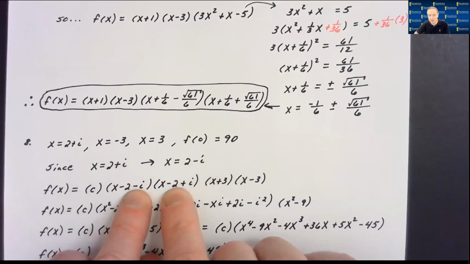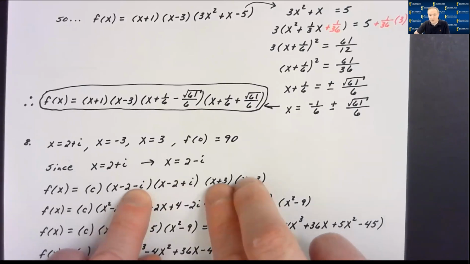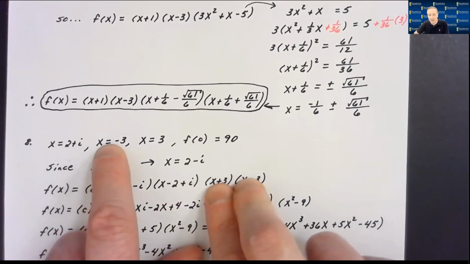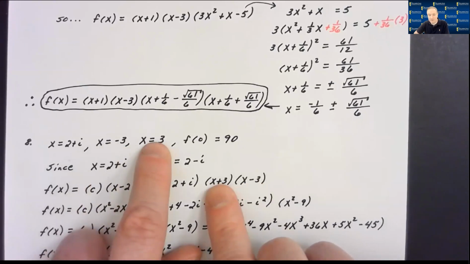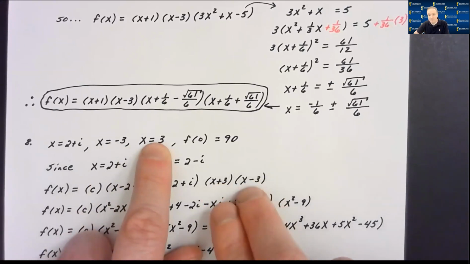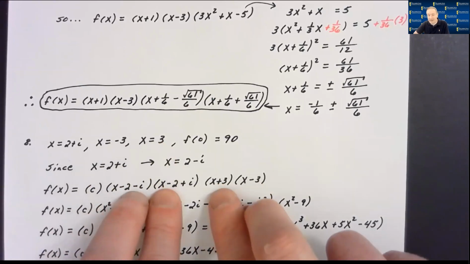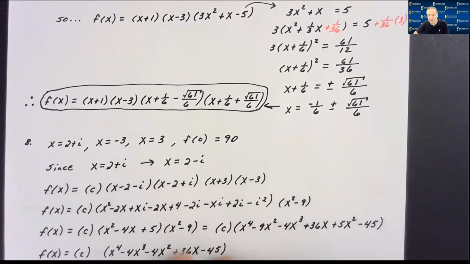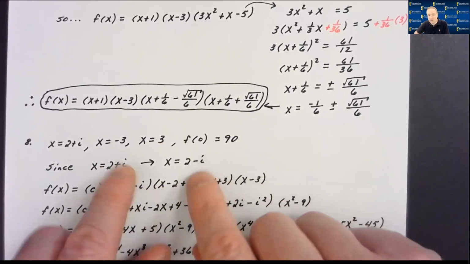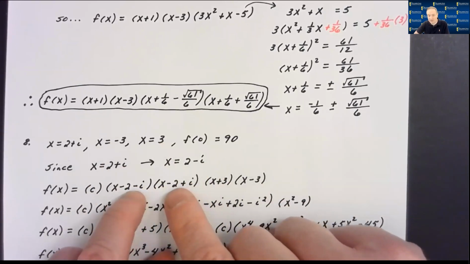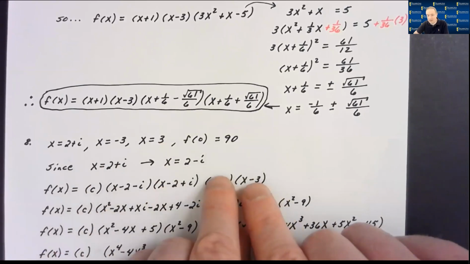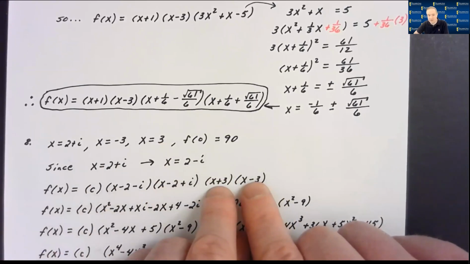These are my 2 complex factors. Now, my 2 real factors, x equals -3 is a factor of x plus 3. X equals 3 is a factor of x minus 3. I would strongly recommend, as you work backwards to try to get the equation that does this, to multiply the 2 complex factors together and then to multiply the 2 real factors together.